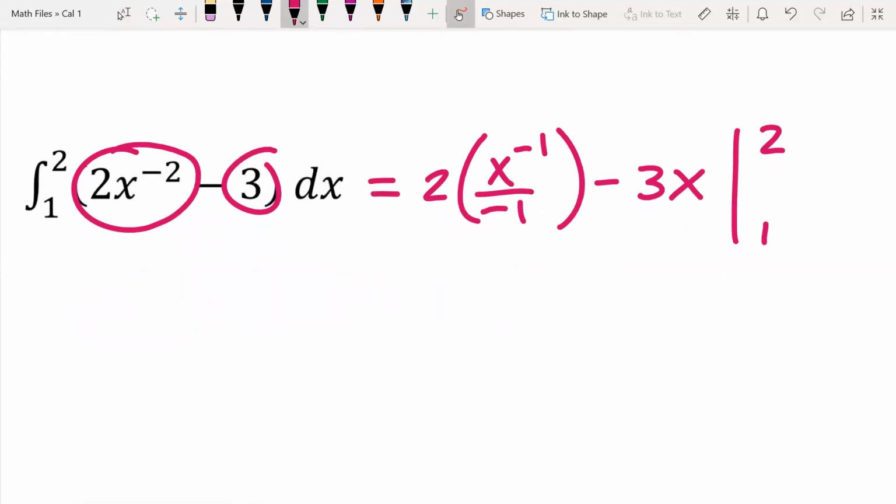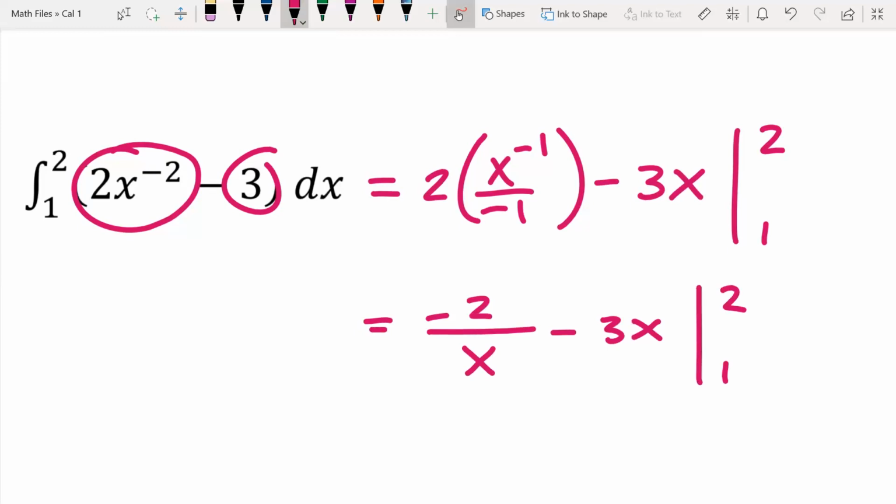All right, make it look pretty. I'm going to move the negative to the top on this first one. Negative's going up with a 2 and swinging the x down. All right, so negative 2 over x minus 3x.